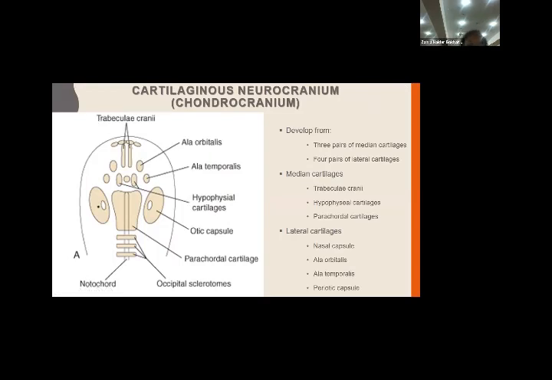Let's start with these cartilages कि ये होता कैसे. बेटा ये जो cartilages हैं ना, they develop as median या midline cartilages हैं ये, and then they are lateral cartilages. 3 pairs of midline cartilages, one on either side, and 4 pairs of lateral cartilages.